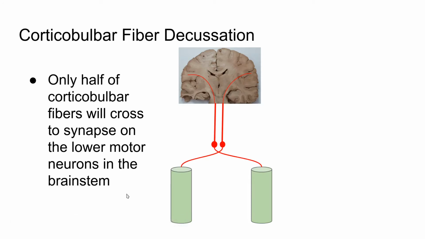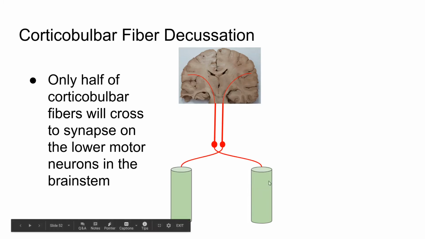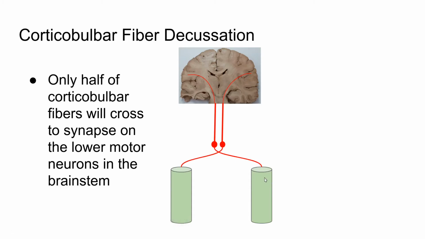Now let's talk about the crossings of the fibers. So the corticobulbar tract decussates, but it differs from the corticospinal tract in that only 50% will cross the midline to synapse on the lower motor neurons on the contralateral side. So if 50% cross, where did the other 50% go?